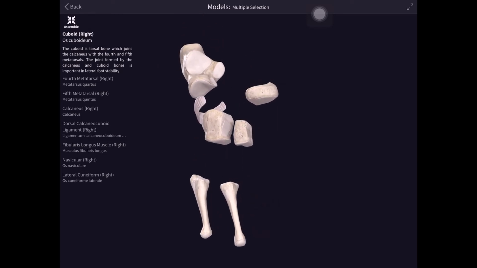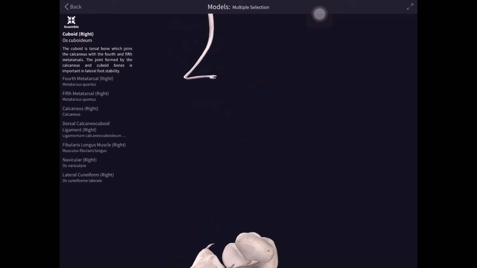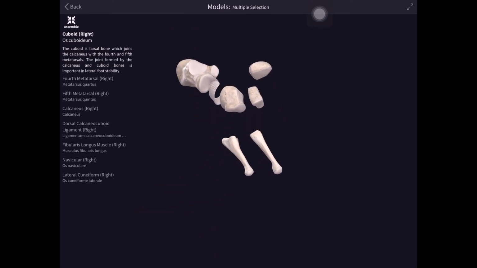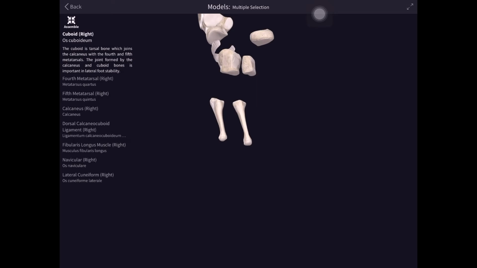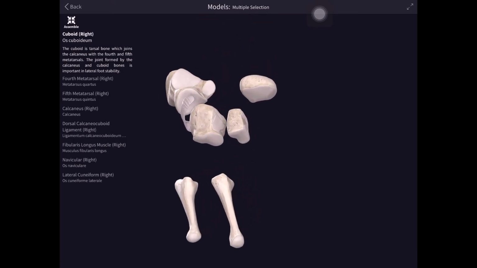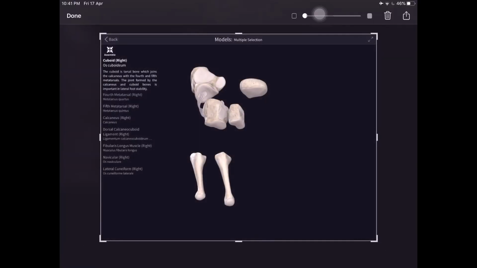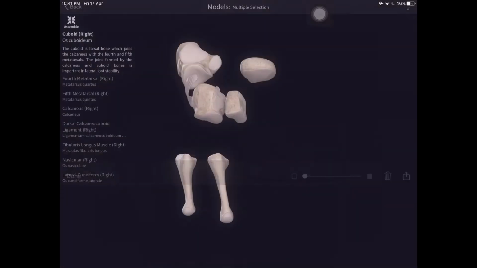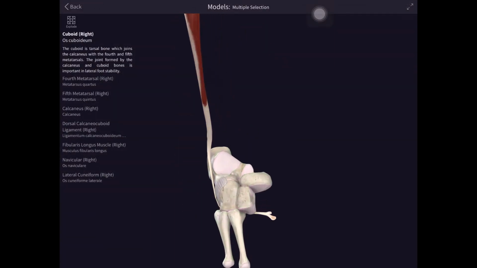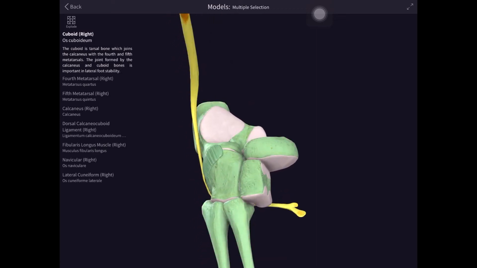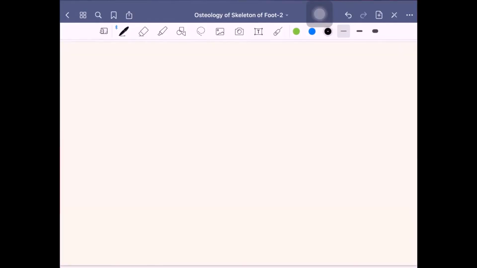Yeah, you see there are two facets. This facet is for your navicular. This is for your lateral cuneiform. This is your lateral cuneiform. This is the navicular. You assemble them, you will get the joint.